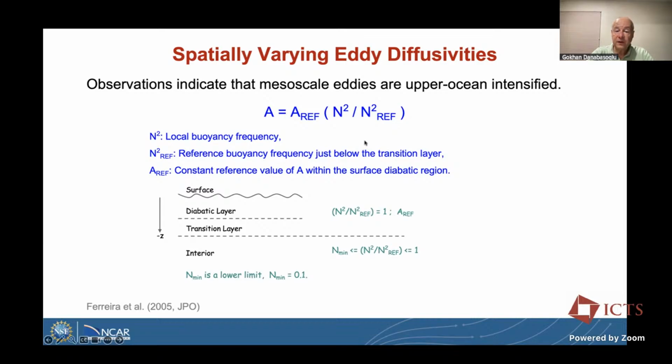So we ended up using this formulation. You need to specify a reference diffusivity coefficient. And for the reference buoyancy frequency N, we simply used the buoyancy frequency value at either the bottom of the mixed layer or the bottom of the boundary layer. And this creates a three-dimensional, time-evolving structure, which I would think is more realistic than using a constant diffusivity coefficient.